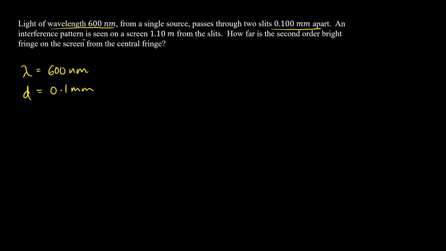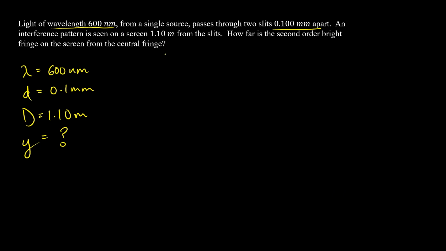An interference pattern is seen on a screen 1.10 meters from the slits. How far is the second order bright fringe on the screen from the central fringe? So we're looking for y, right? By outlining these, you can easily pick which formula to use.